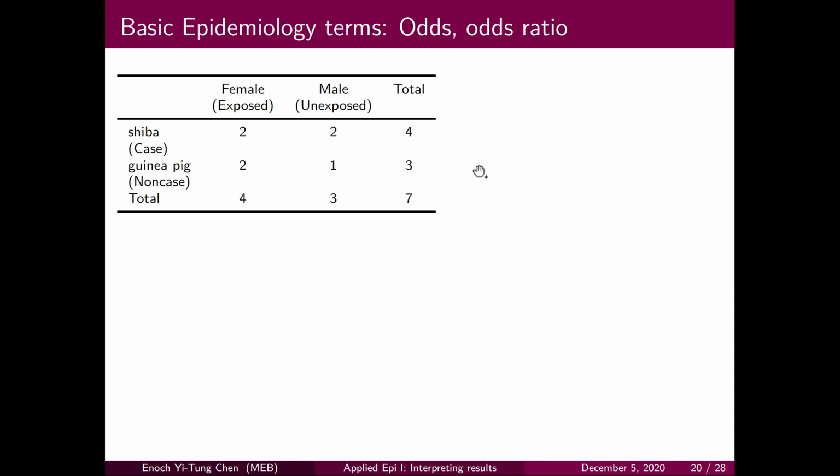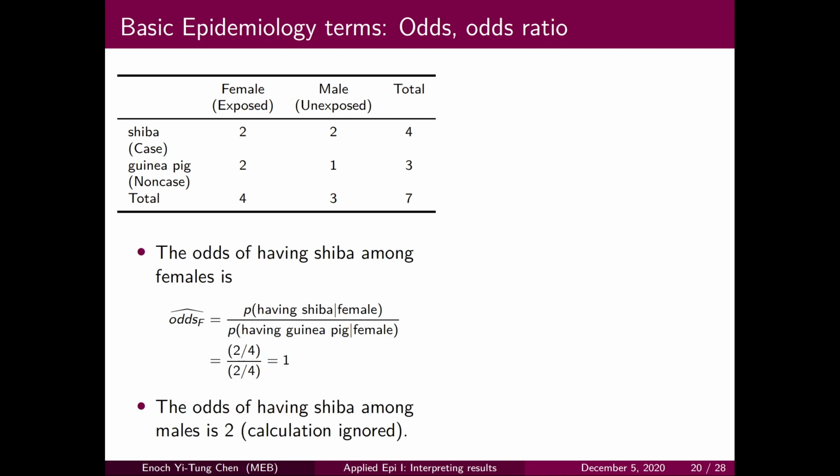Coming back to the Shiba and guinea pigs example, 2x2 table again, the odds of having Shiba among females is 2/4 divided by 2/4, so that would be 1. And for males it is 2/3 over 1/3, so that would be 2. The odds ratio is 1/2.